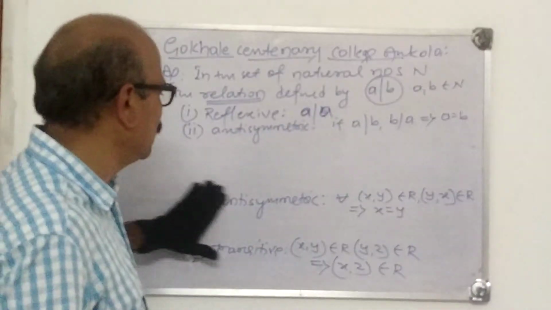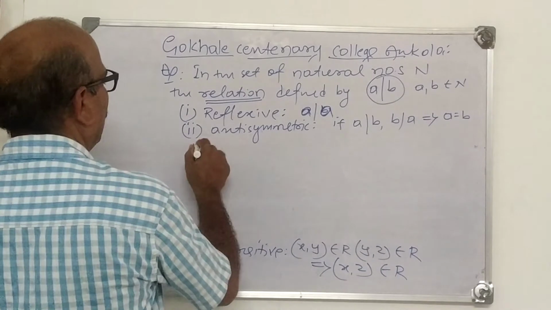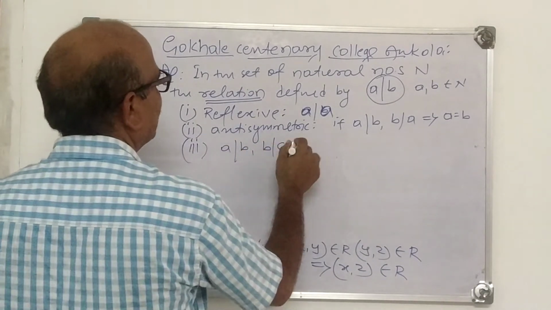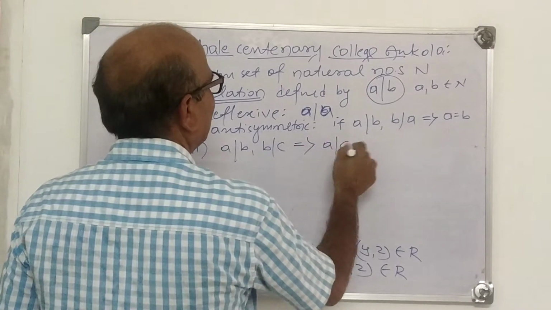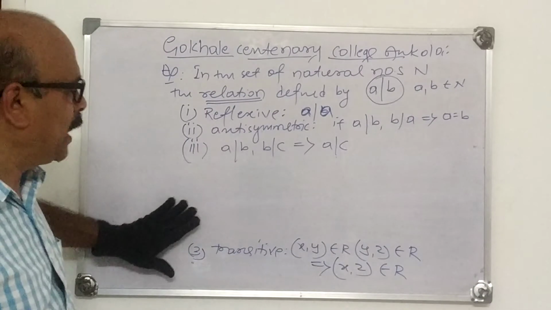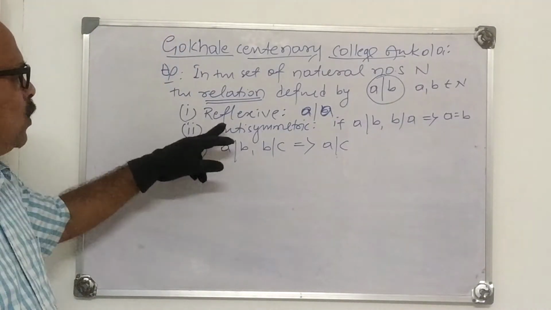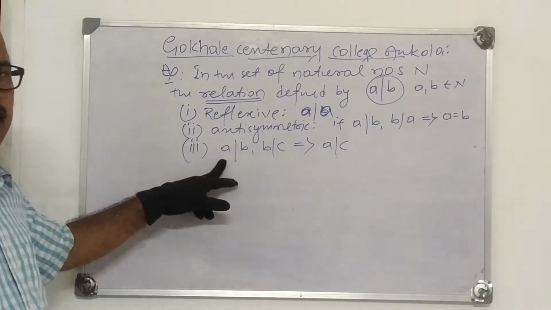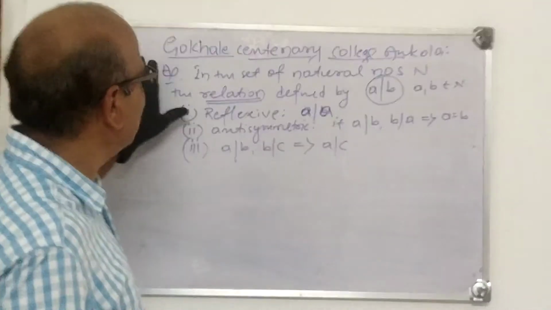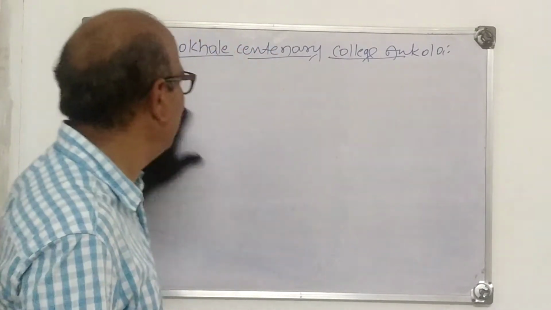Why is it transitive? Because divisibility is transitive. Let A divide B and B divide C. This implies A divides C always. So this relation is a partial order relation. Important: reflexive, antisymmetric and transitive, then it is called a partial order relation.